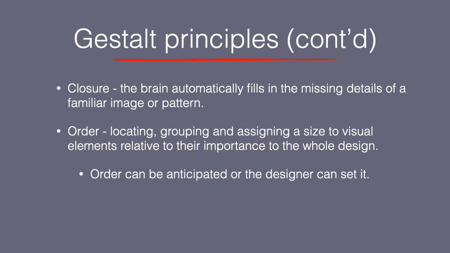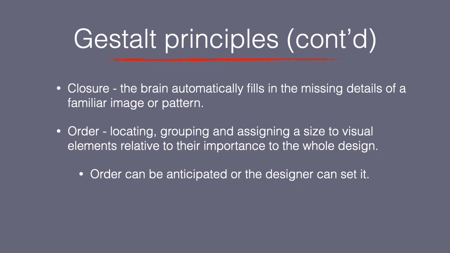Closure. Our brain automatically fills in missing details of a familiar image or a pattern. Take, for example, a picture or a painting of the human face. The painting may not go into detail of every feature on the human face.